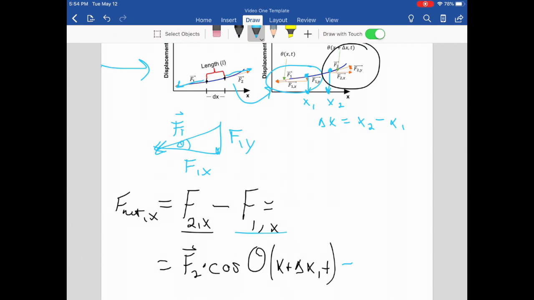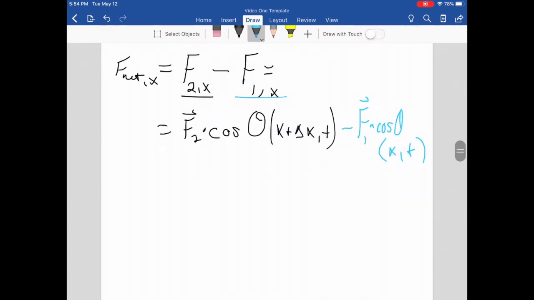So then that would be minus, and then exactly the same thing, F1 times the cosine of theta, and that theta is a function of x and t. Now, because we've already made the assumption that this is going to be equilibrated in time, this entire expression is actually going to be equal to 0. So F2x is equal in magnitude to F1x.